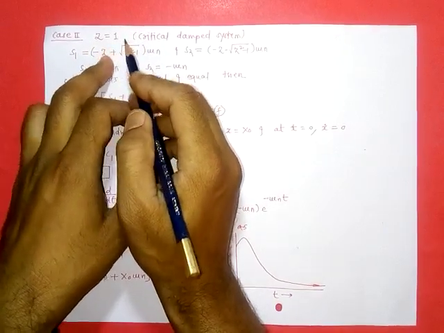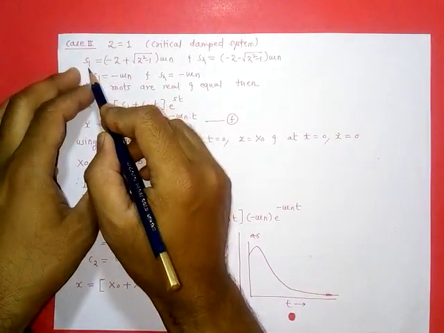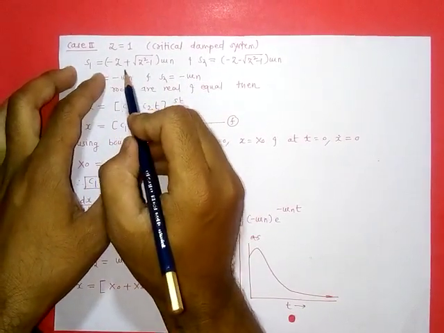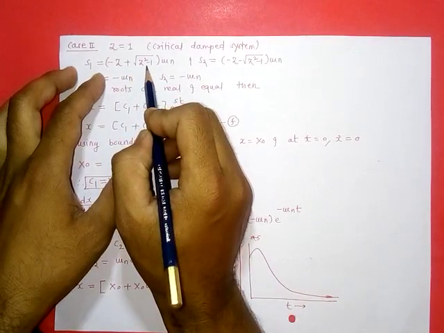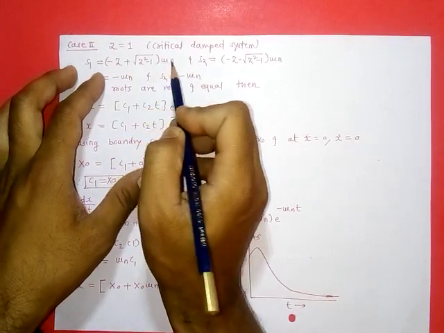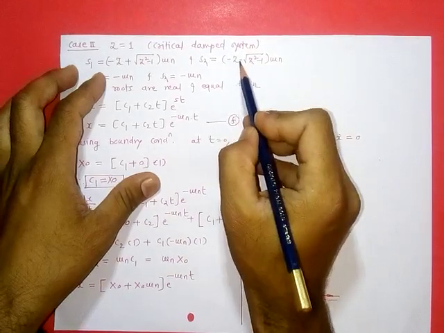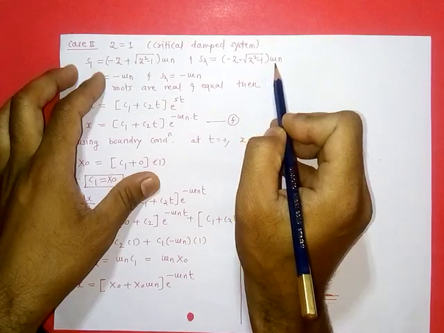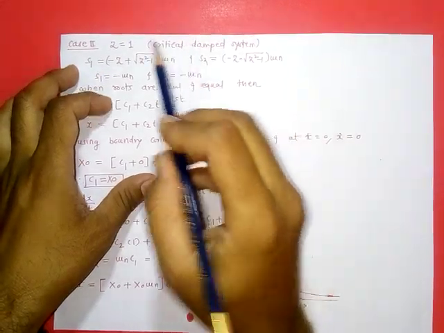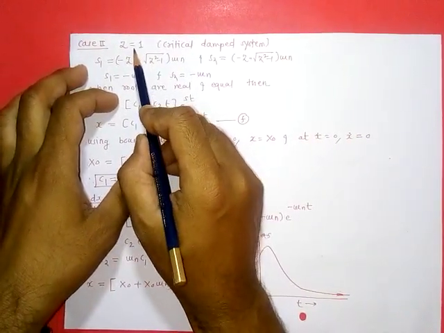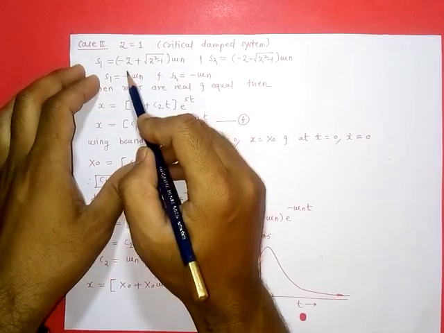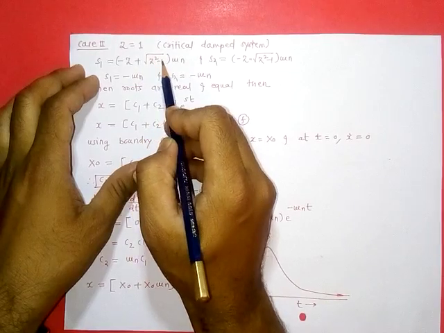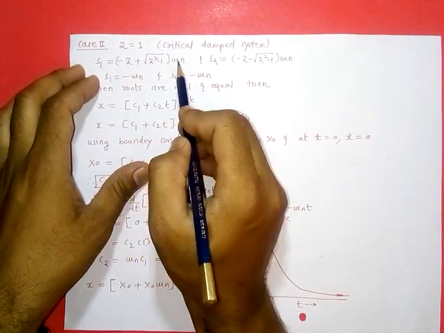Now again we have obtained S1 and S2: S1 is equal to minus zeta plus the square root of zeta square minus 1, into omega n, and S2 is minus zeta minus the square root of zeta square minus 1, into omega n. Here zeta is equal to 1, so putting zeta equal to 1, we get 1 minus 1 is 0, so it is minus omega n.